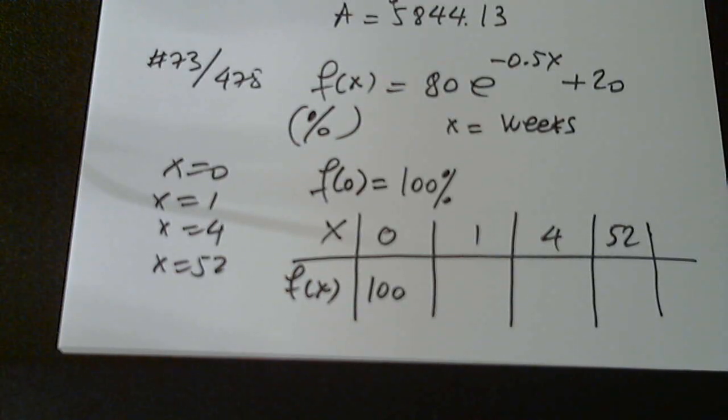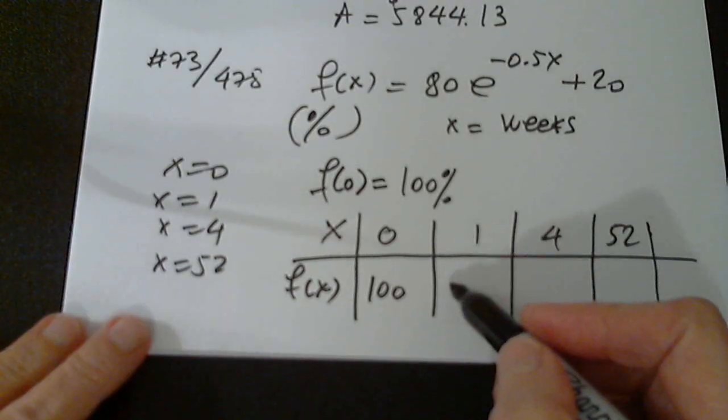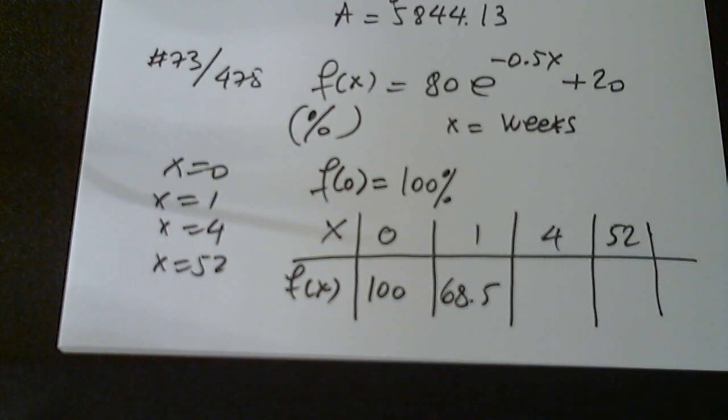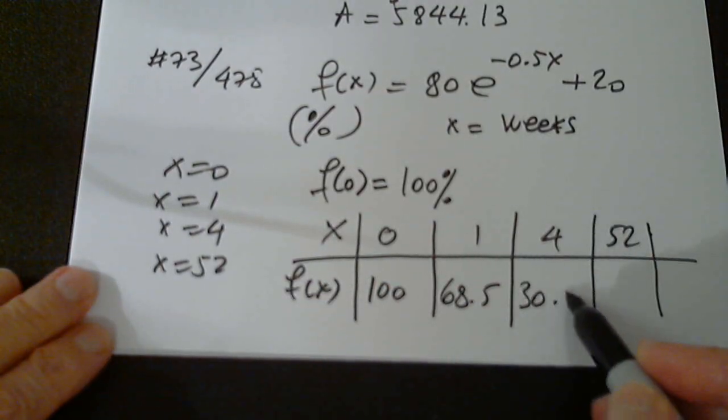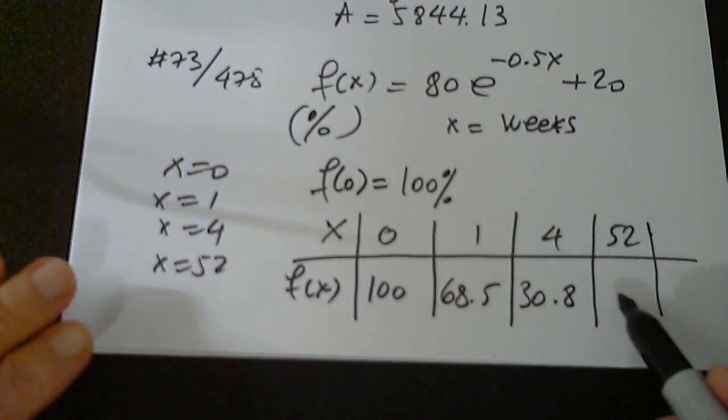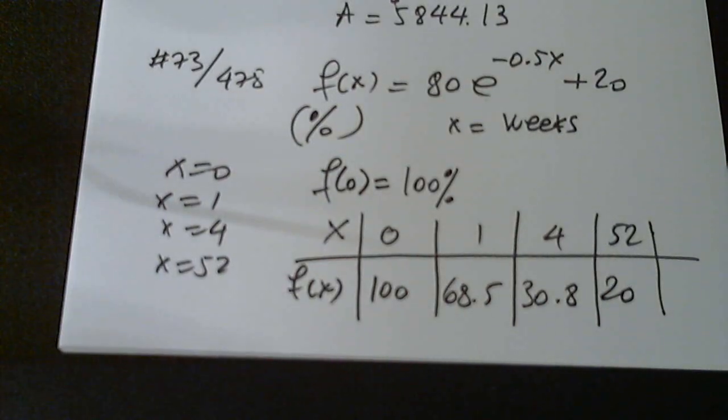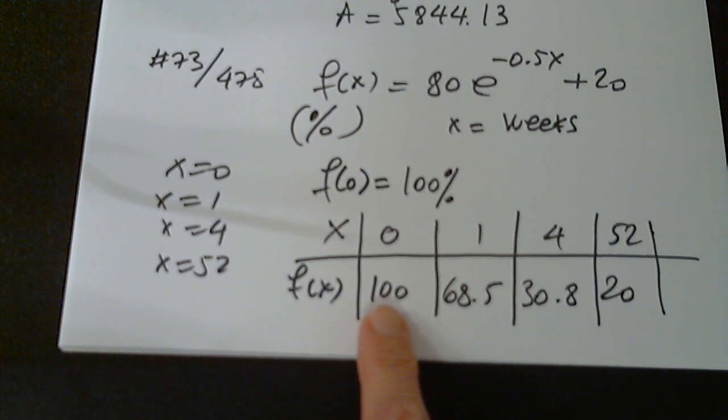You don't want to perform these calculations separately so many times. Always enter the function. So 68.5, and then 30.8, and finally 20. When we first learn something, it's 100%.